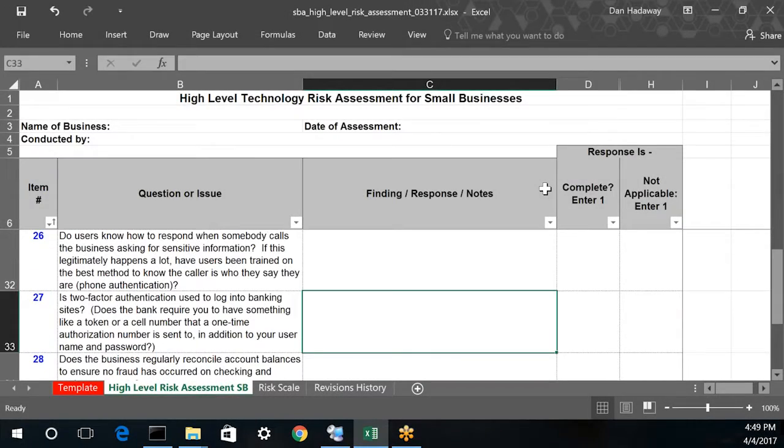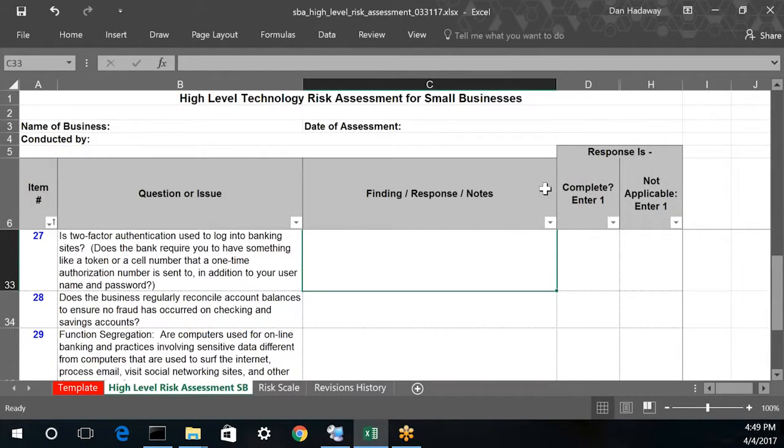If they're suspicious of something, we don't know who they should call. Most small businesses aren't using two-factor authentication for a lot of stuff, but they're being required to, I hope. And I hope your bank is requiring you to use two-factor authentication into banking sites where you're transferring information.